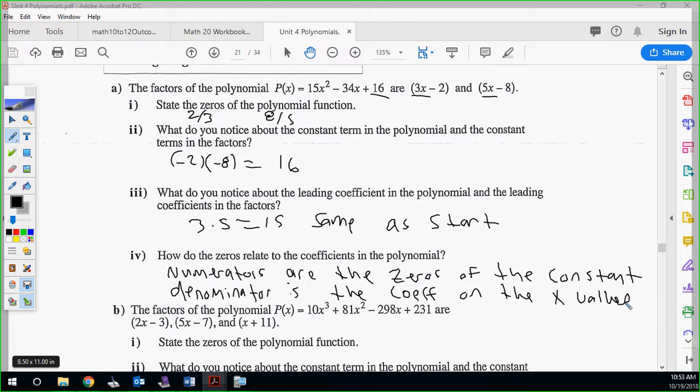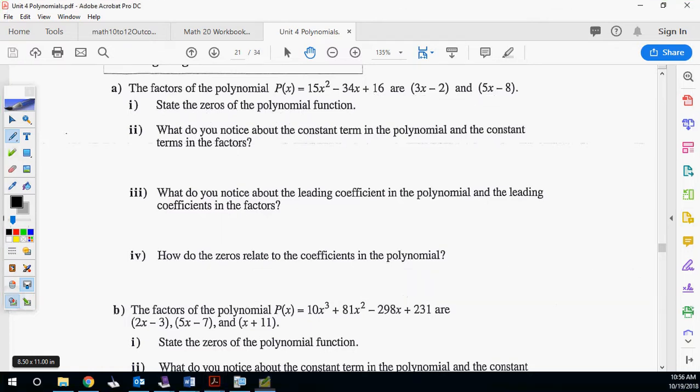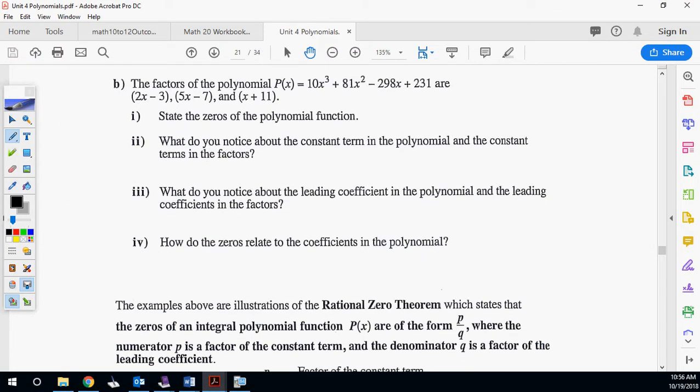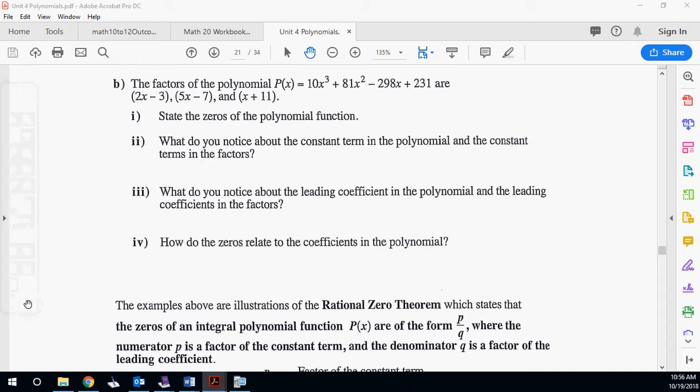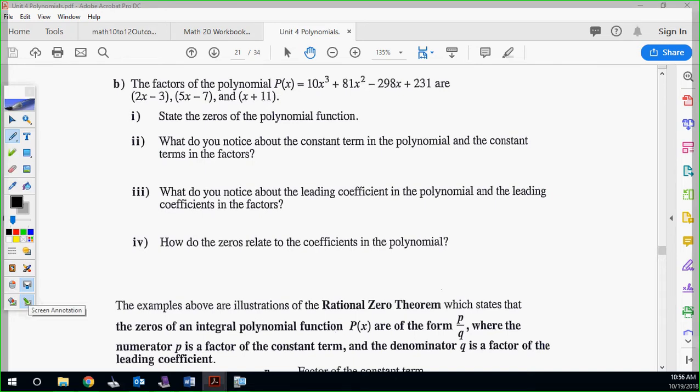All right, so let's look at B here. B says the factors of polynomial 10x cubed plus 81x squared minus 298x plus 231 are, they tell you, 2x minus 3, 5x minus 7, and x plus 11. State the zeros of the polynomial function. 3 over 2, 7 over 5, and -11.